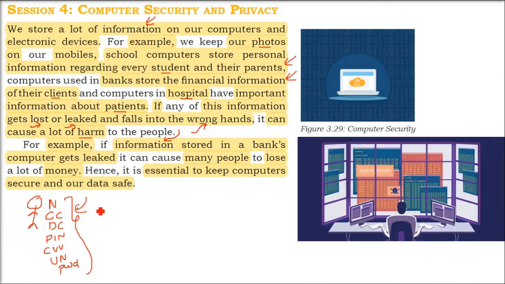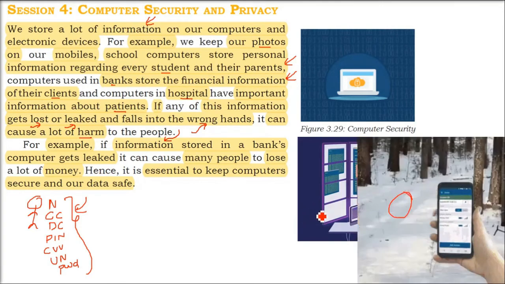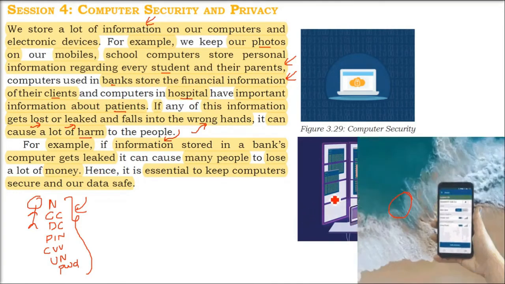These digital ICT tools have come just to make your life automated and easier. Now just think of an instance where this bank information, bank computer, hospital computer, or even your personal computer, with important information pertaining to all your life savings, goes to some other person.